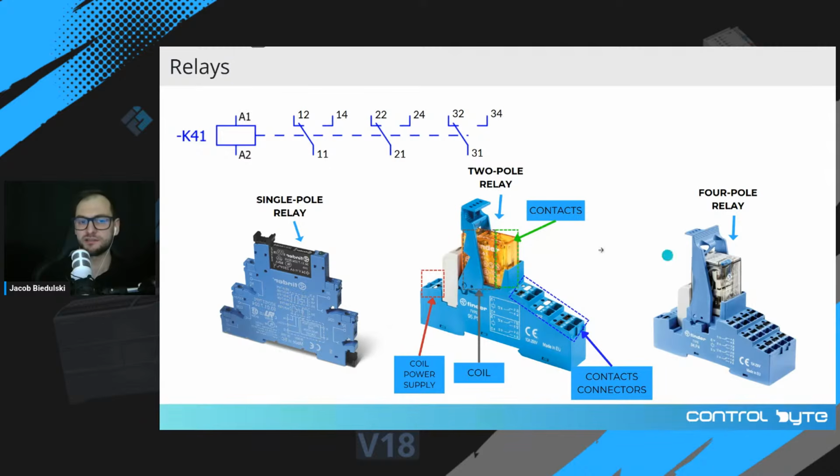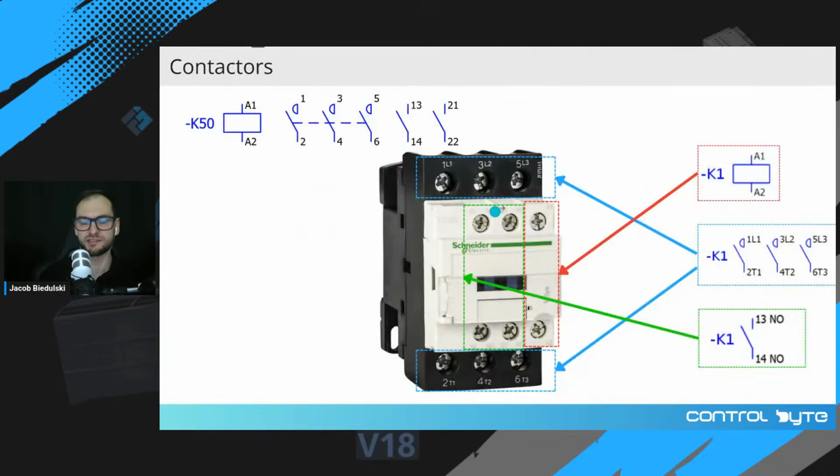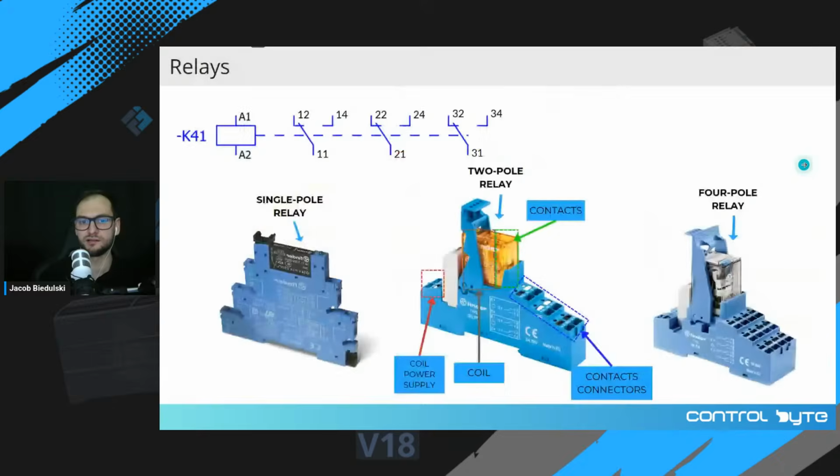What is the difference? The difference is the structure of such a relay. The contactor is a rather big device, and it occupies a lot of space in the control cabinet.